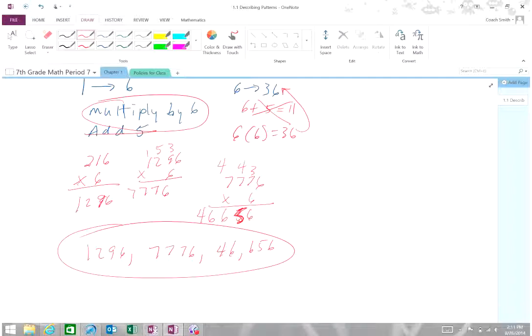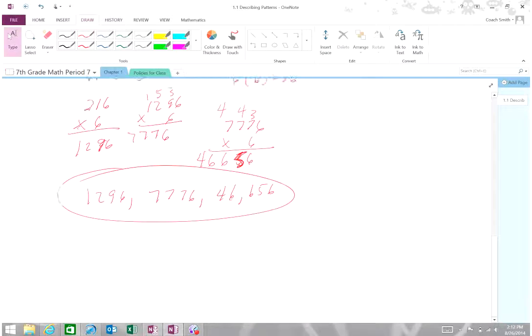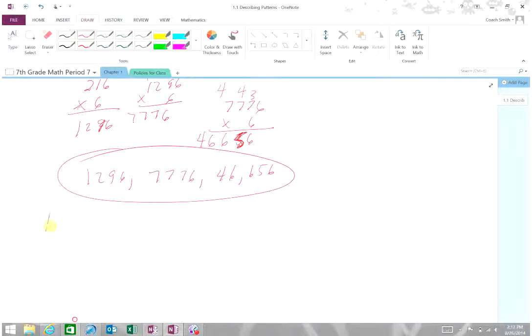All right, now I want you to do 1, 2, 3, and 4. They want you to match the pattern for each one with the choices on the right.